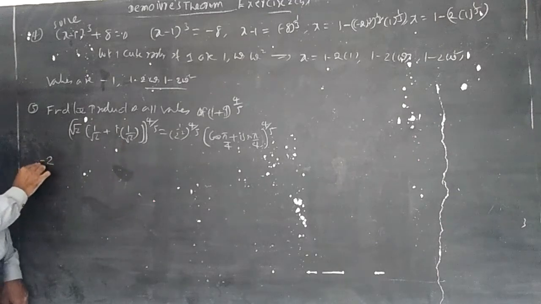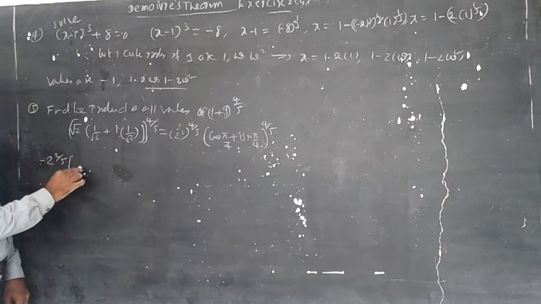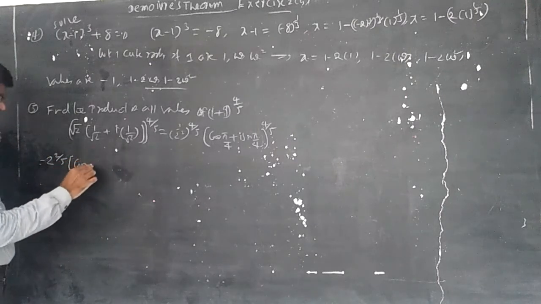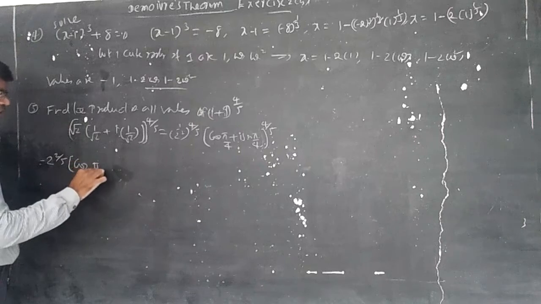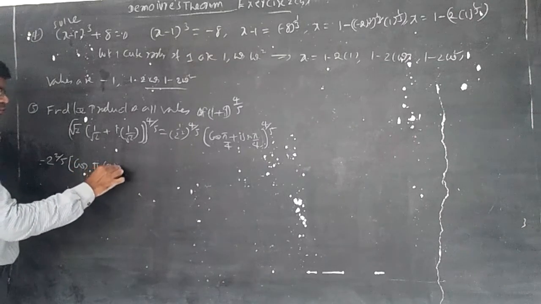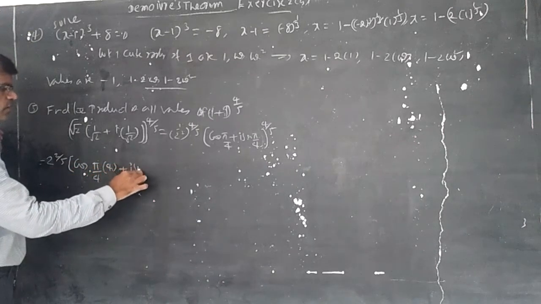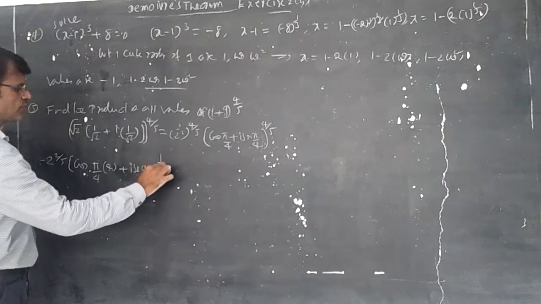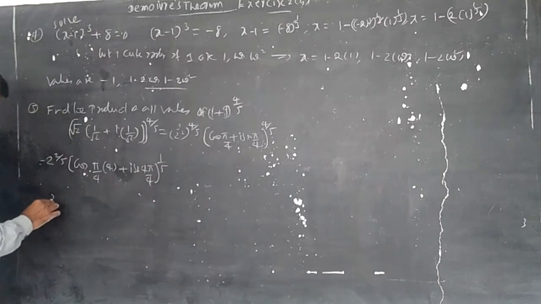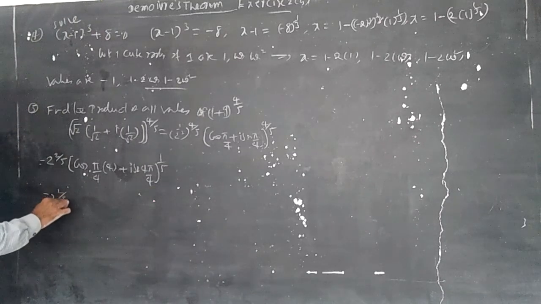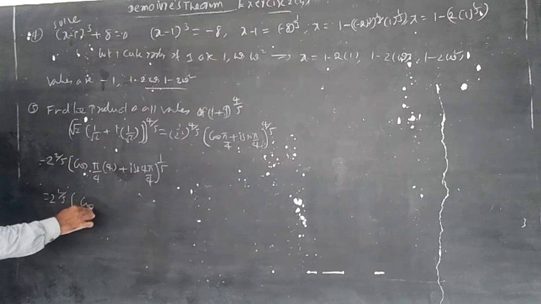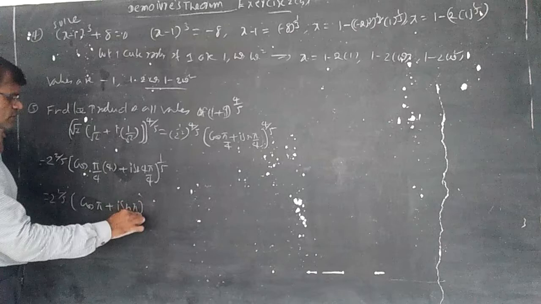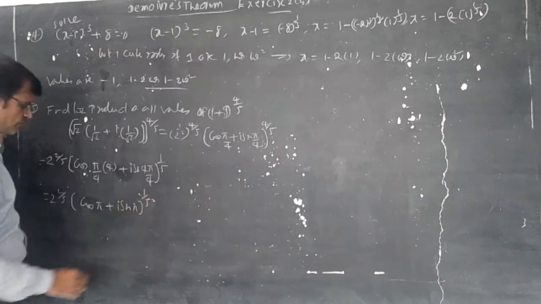This can be understood as 2 power 2 by 5 into, applying de Moivre's theorem like this, cos 4 into pi by 4 plus i sin 4 into pi by 4 whole power 1 by 5. That is equal to 2 power 2 by 5 into cos pi plus i sin pi whole power 1 by 5.